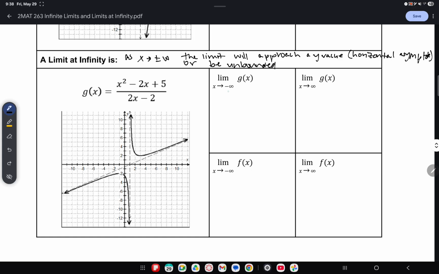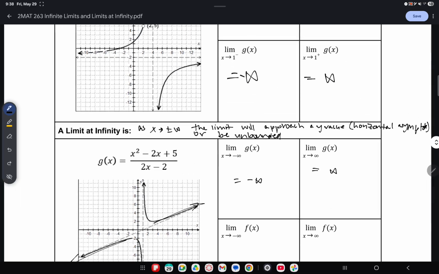So let's look at g. So the limit as x approaches negative infinity, the y values are going to negative infinity. And then as x is approaching positive infinity, the y's are also going to infinity. Okay, so we have a slant asymptote here. We don't have a horizontal one.